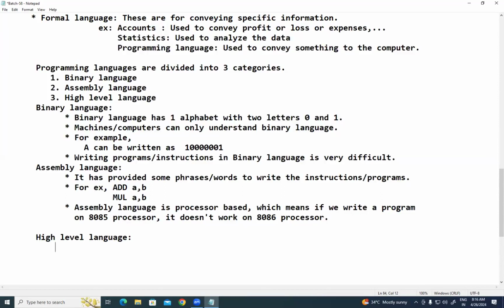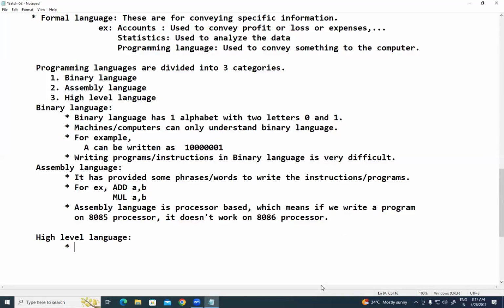High level languages. Tell me now, in high level languages we can write the programs or instructions like English sentences. Am I right or not, folks? Yes.